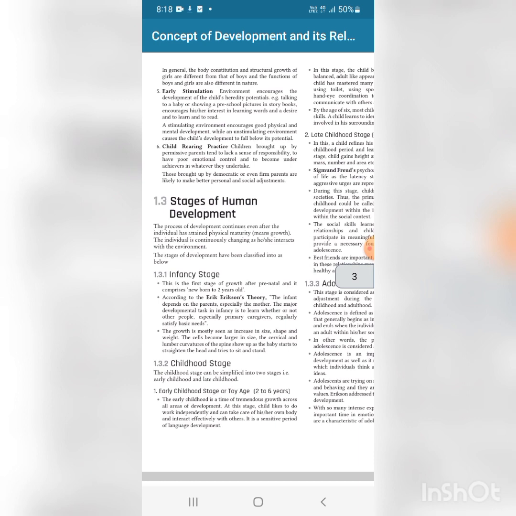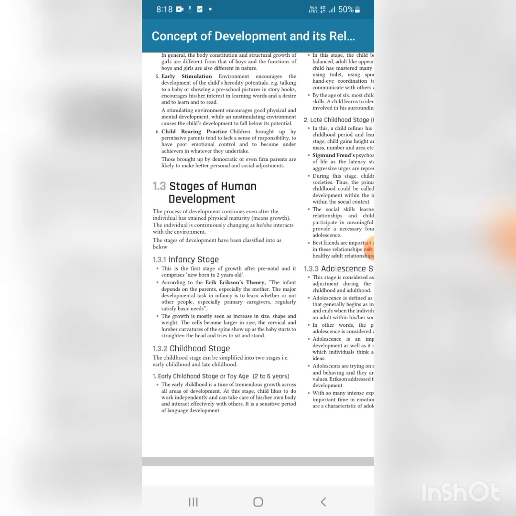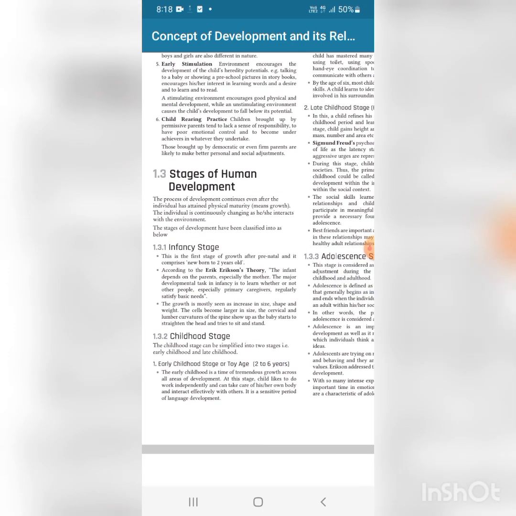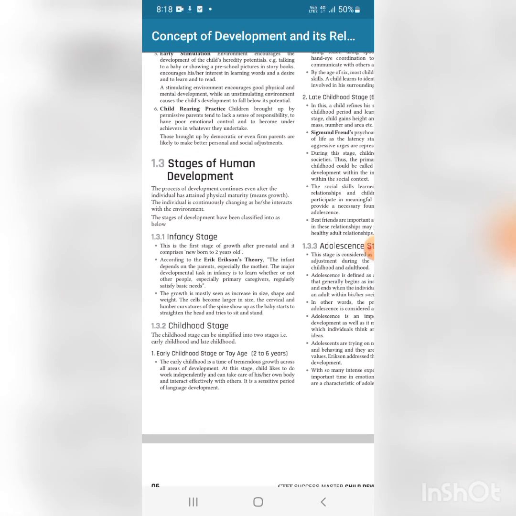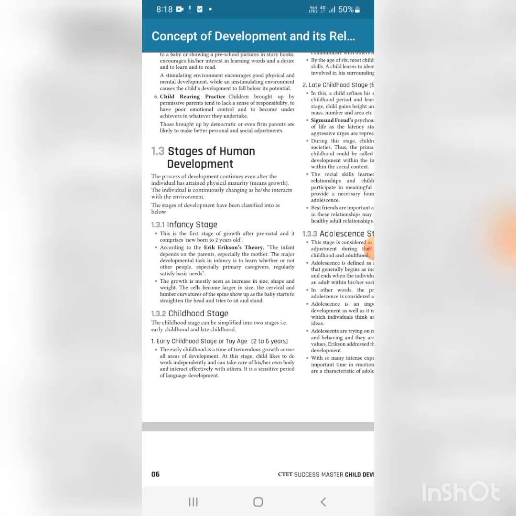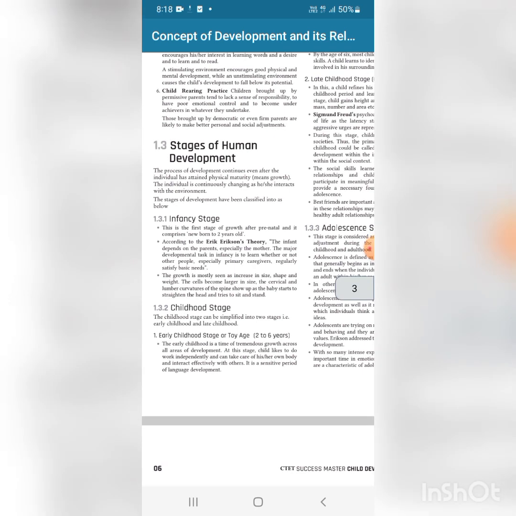First of all, infancy stage. This is the first stage of the growth after prenatal and comprises newborn to 2 years old. So it is from birth to 2 years of age. According to Erik Erikson's theory, the infant depends on the parents, especially the mother.